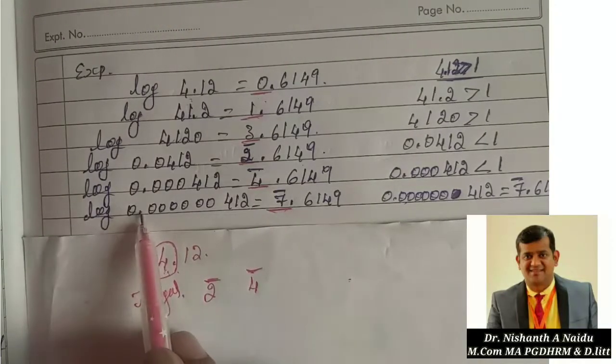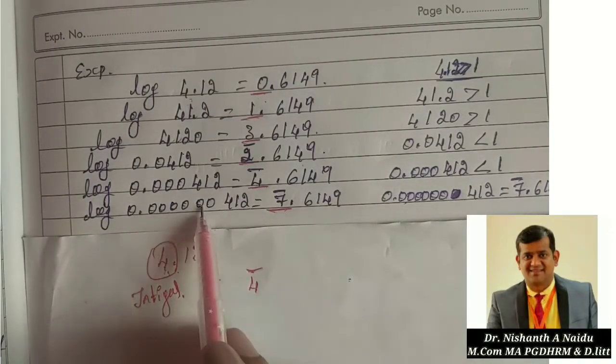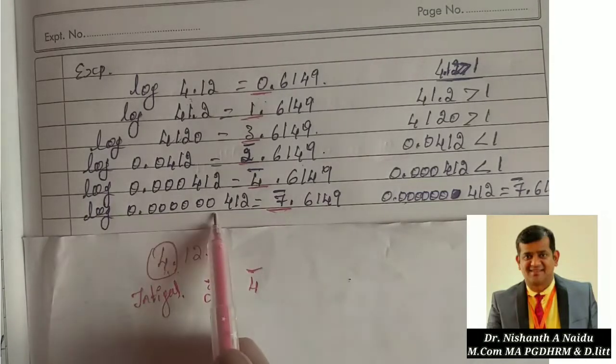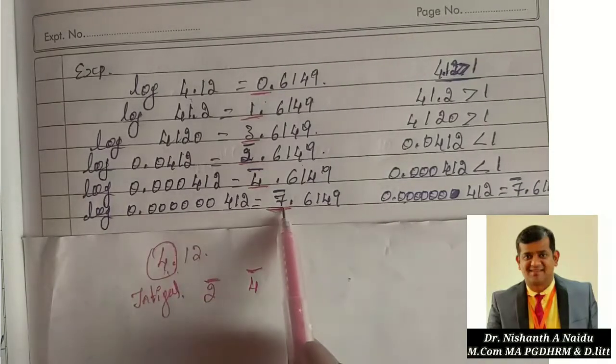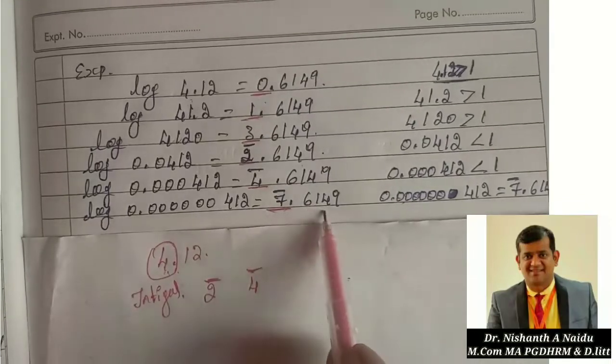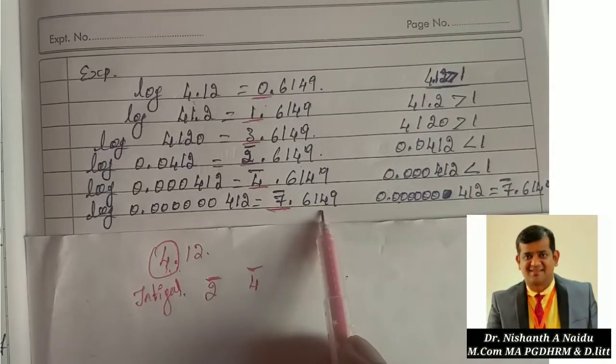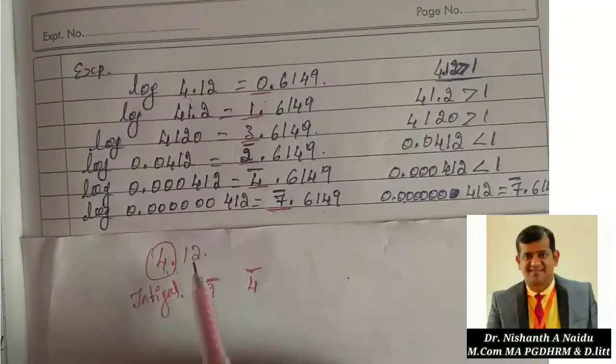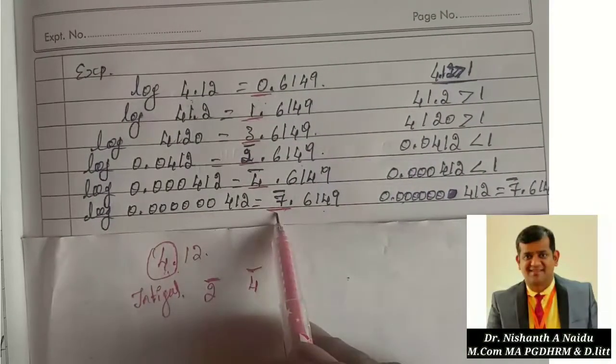Next, log 0.123456 zeros are there. After the decimal point, how many zeros? 6. 6 plus 1 is 7, so minus 7.6149. Okay, this is how we calculate characteristics. Are you clear how to calculate characteristics? Yes?